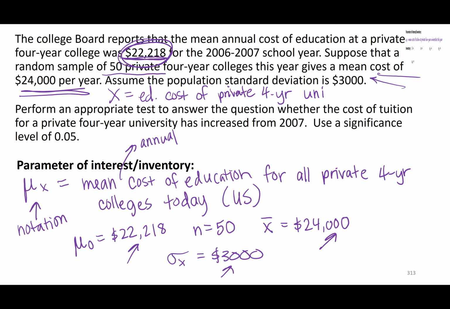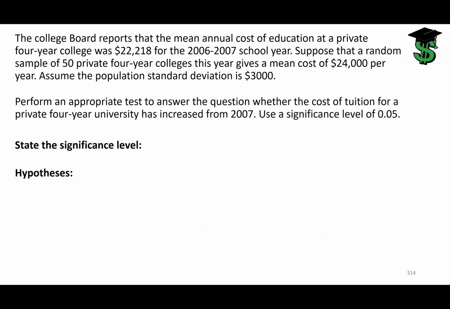So here it's dollars. Now state my significance level. It's really easy because they provide it. In general, if we don't have one provided, you can generally assume 0.05. However, if we include one, go with that.